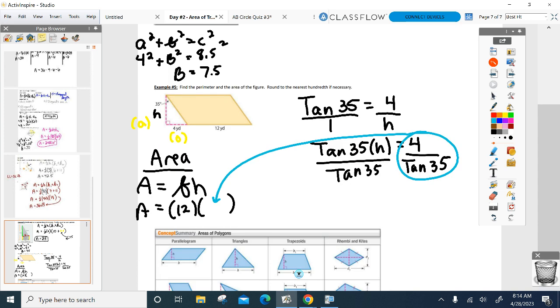And then round to the nearest hundredth. 68.55.